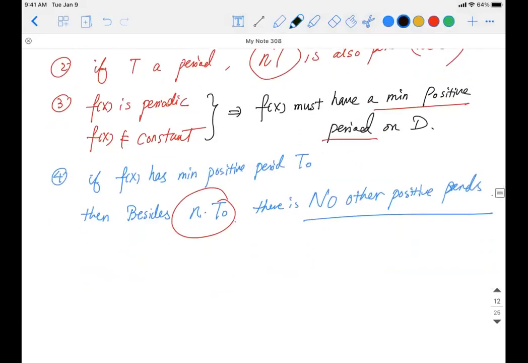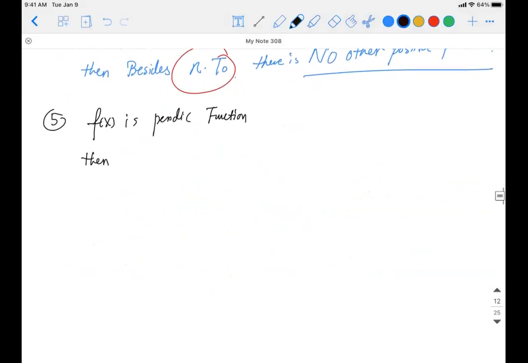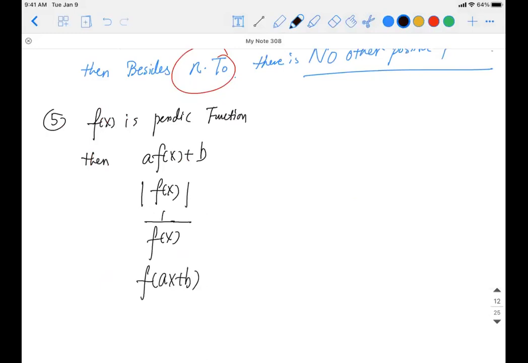Number 5. If f(x) is a periodic function, then all the following functions are also periodic. Any kind of linear combination of f(x). f(x) take absolute value. f(x) take reciprocal. f(ax) plus b.